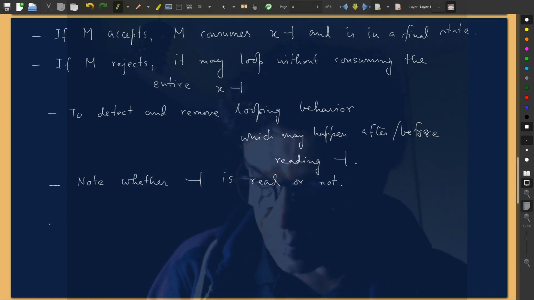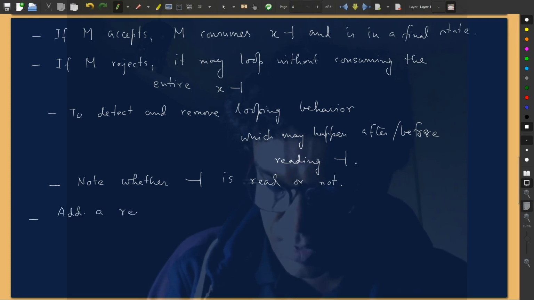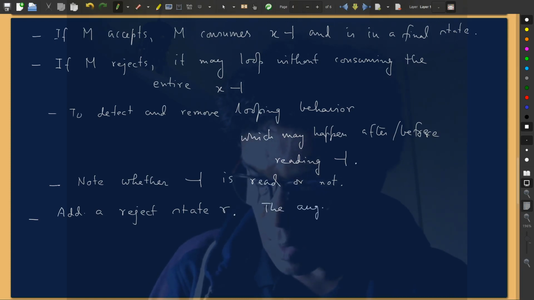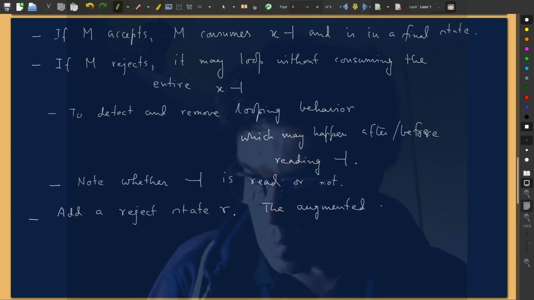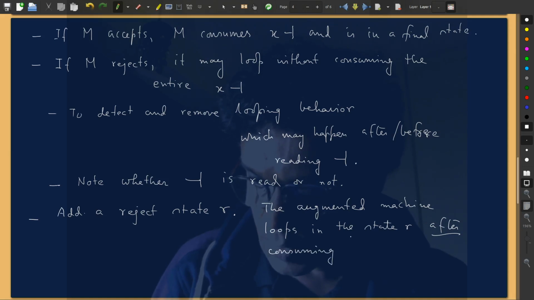And second thing is that I augment this original machine M by adding a reject state R, and the augmented machine loops in the state R after consuming the entire input, which includes the input string followed by this.